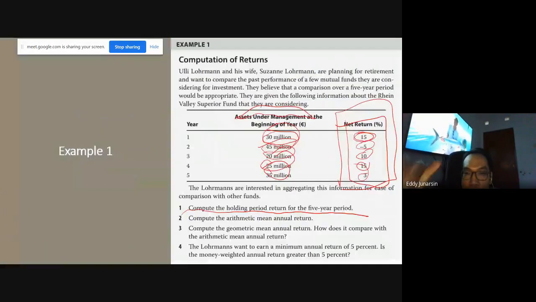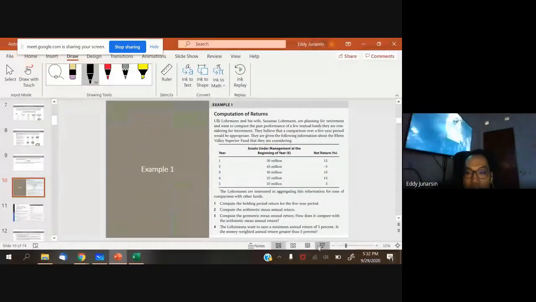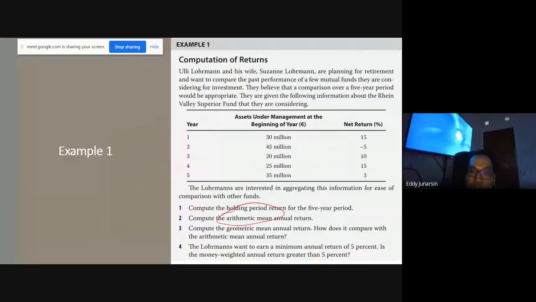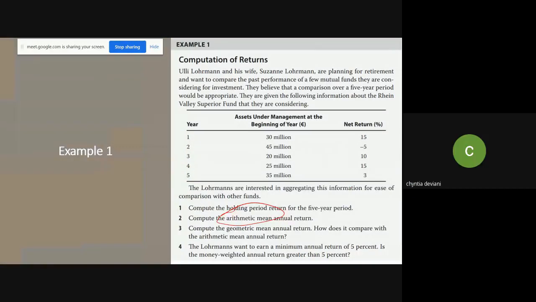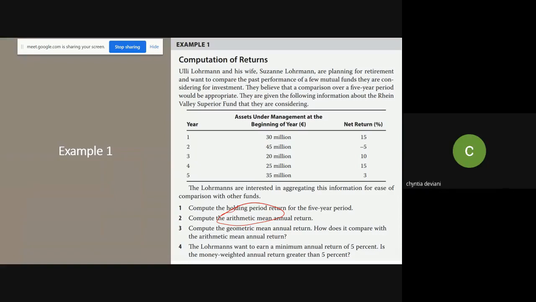But let's see now number 2, arithmetic. Can you tell me how to do it? This one, we just discussed it. How to find this one? 15% minus 5. Yeah, how do you get it? The net return, we compute it.